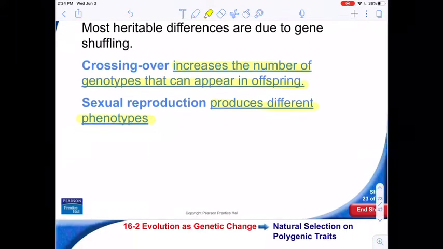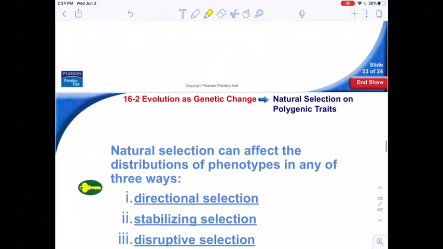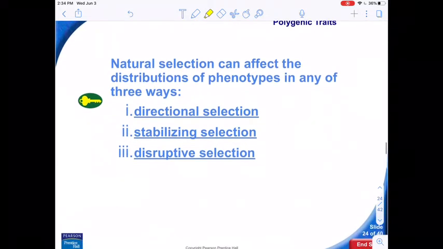So when we look at this as an overall and how populations can change because of this variation and because of gene pools and genetic shuffling, we actually see that evolution occurs in populations through the process of natural selection. So the process that we had talked about in the beginning that drives evolution is occurring here as well on a population scale.